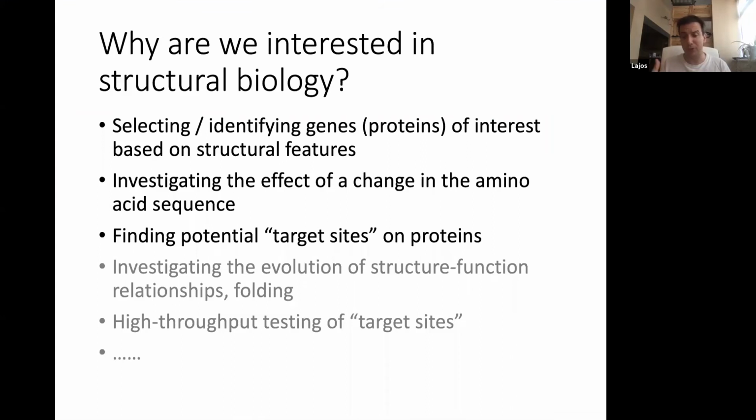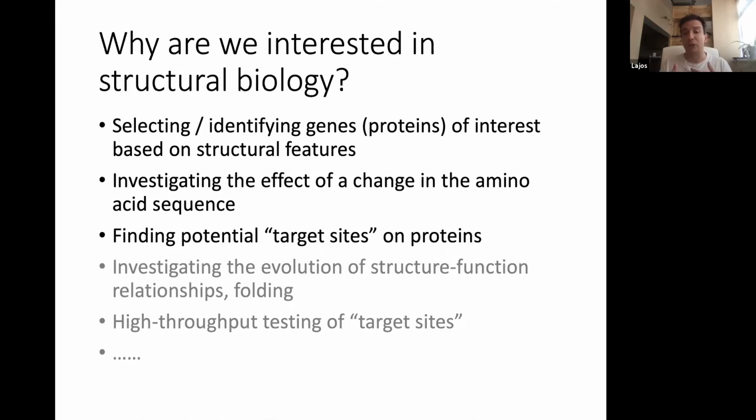There is also another area which, I think, is not simple, but a very complex area nowadays. You can do high throughput testing on target sites, and in this case the target site is much more about an enzyme active center, for example.